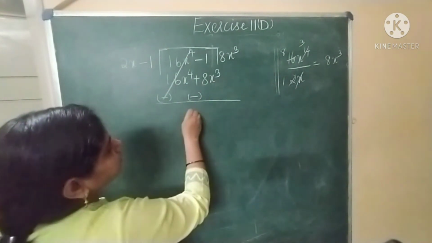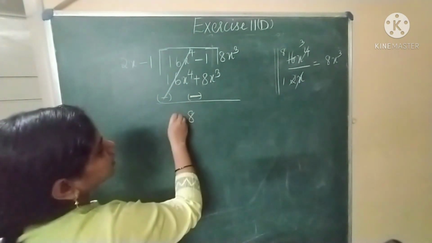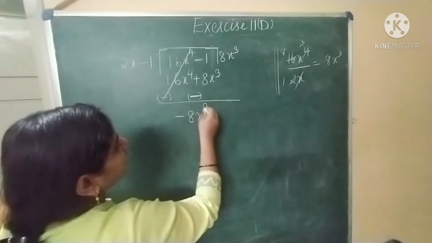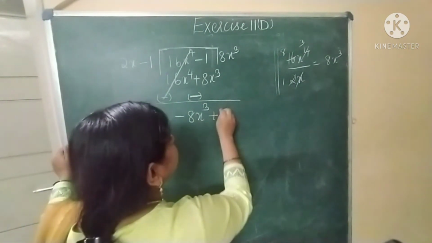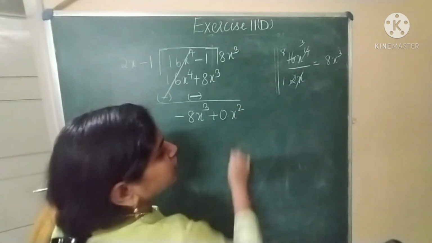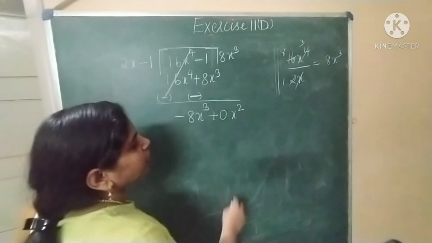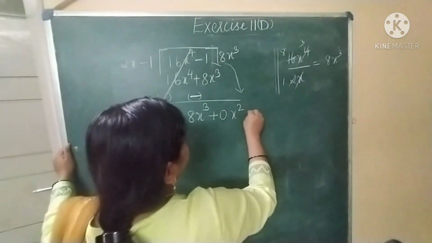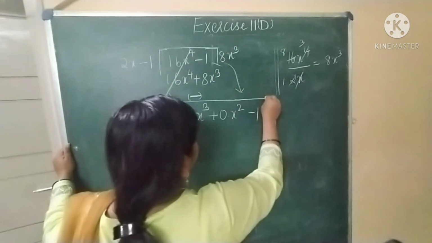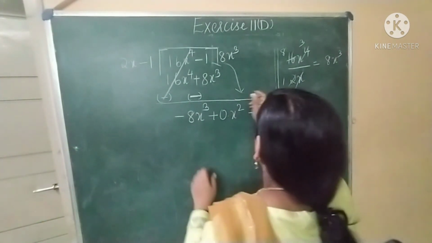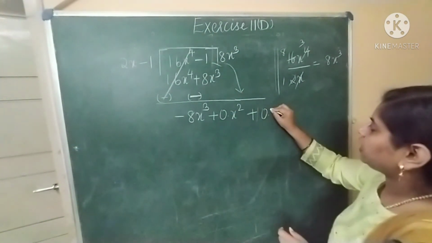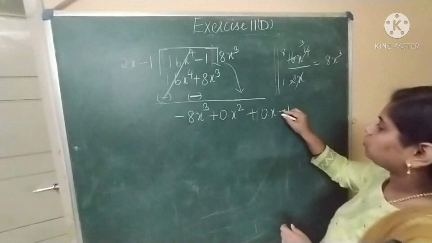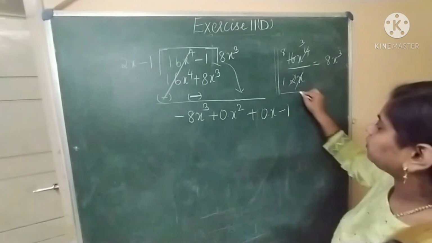Here the x cube term will remain, but you have to take the new sign, negative. The x square term is also 0, so to avoid confusion I will write 0 into x square, and minus 1 is brought down. The x term is also 0, so I will write 0 into x, and minus 1 is brought down.